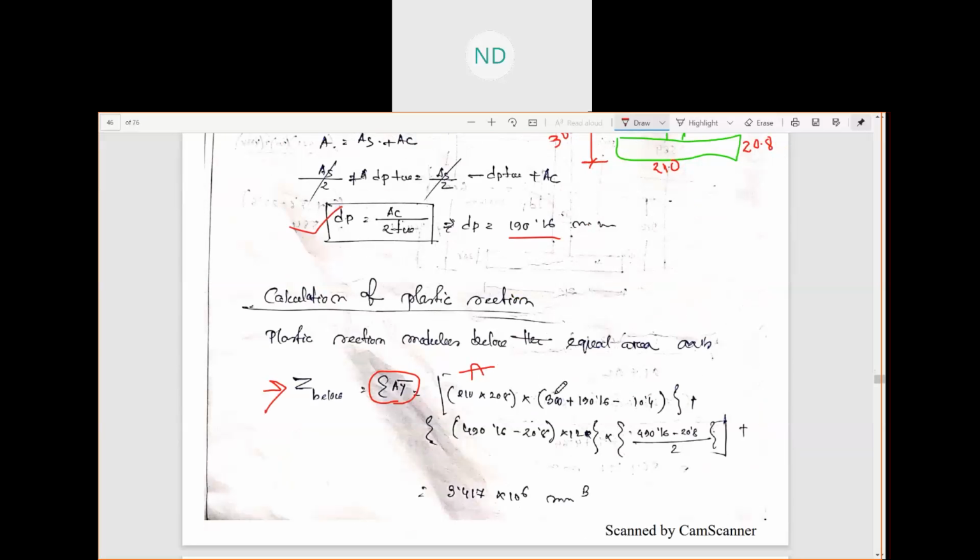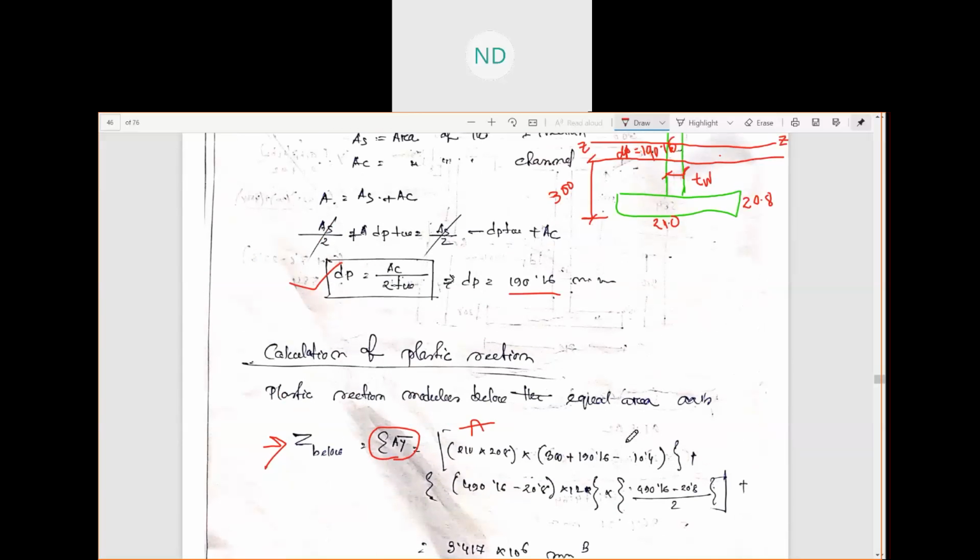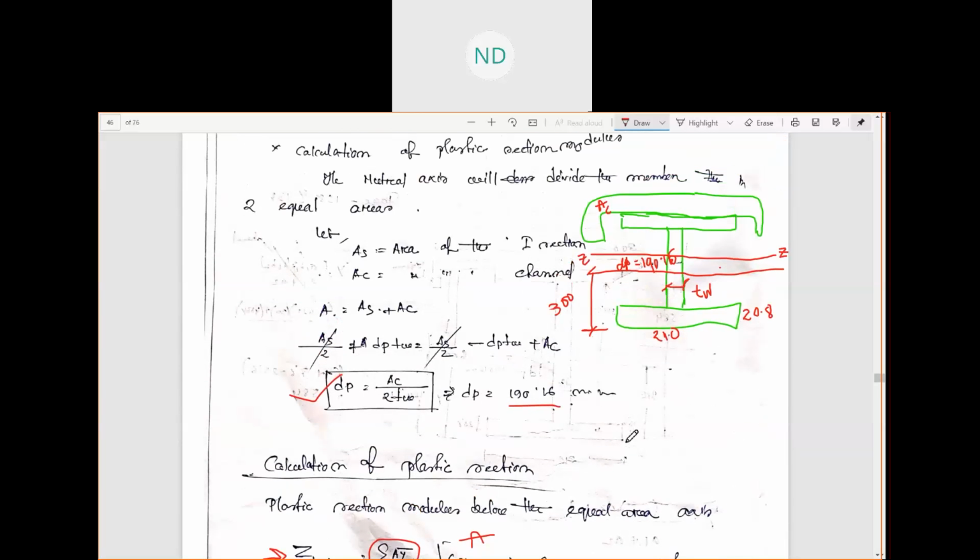Now y bar will be how much? Since now we are considering this member, the y bar of this particular portion will be how much? This is 190.16, this is 300.